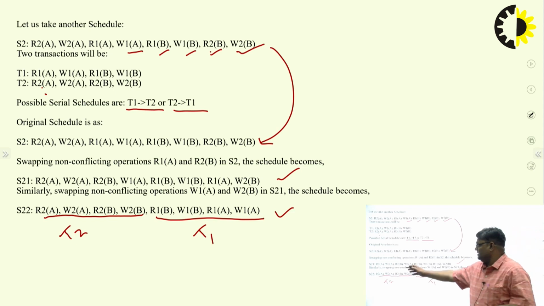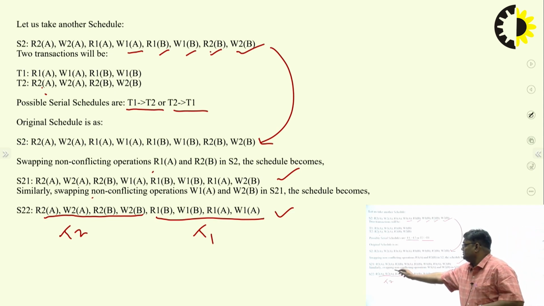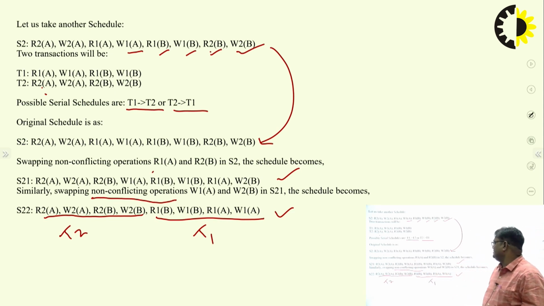Similarly, we swap non-conflicting statements W1A and W2B in S21, and the schedule becomes S22. That is, swapping non-conflicting statements can lead you to a schedule that is a serial schedule.